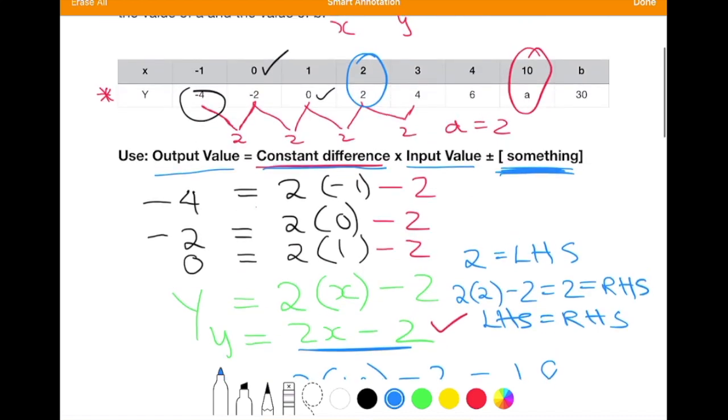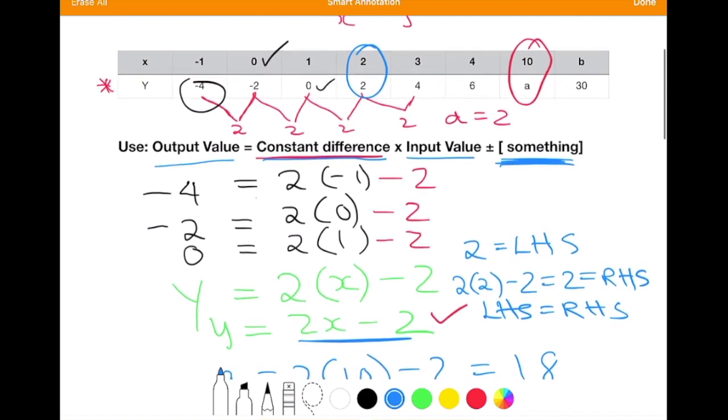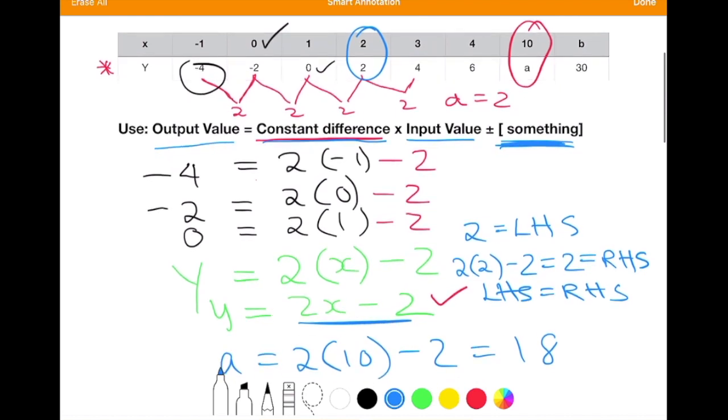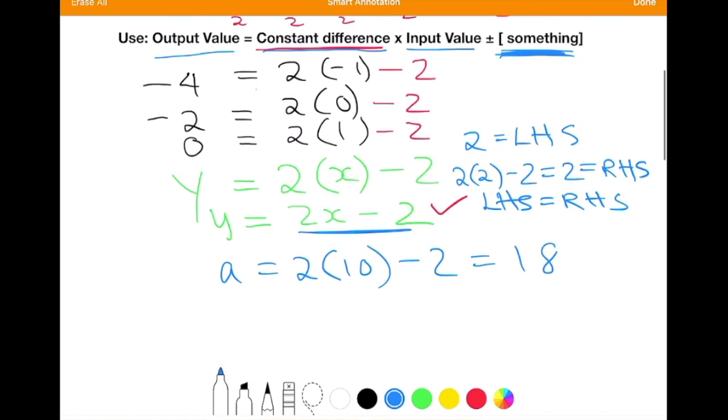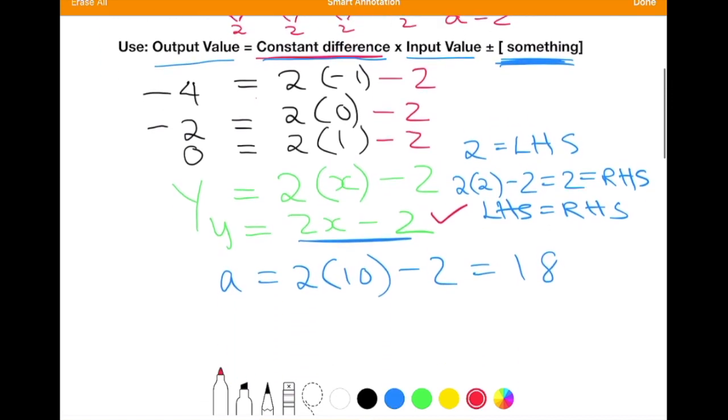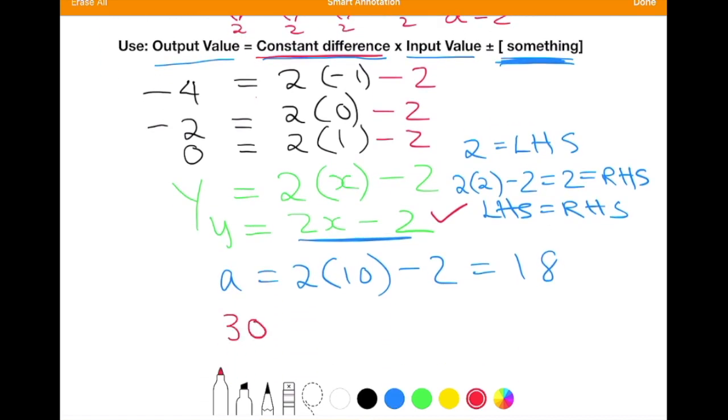What about b? B is the x value, given that the y value is 30. So let's put 30 where there is y, and put b where there is x. So in that same equation there, where there is y, we now put 30.